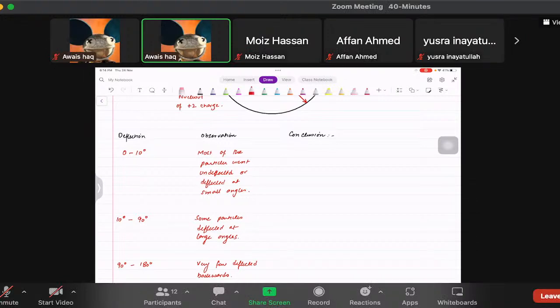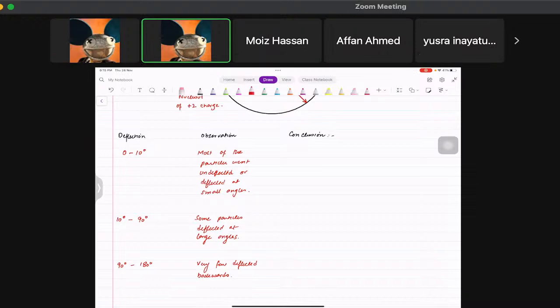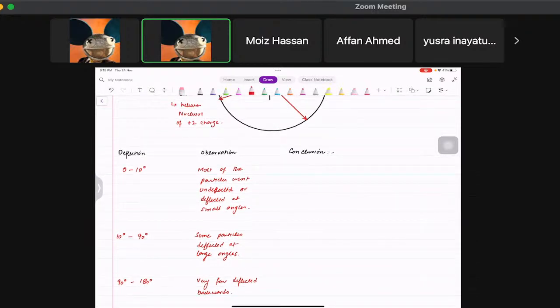Keeping that in mind, the conclusion that they provided was that the atom consists of mostly empty space.